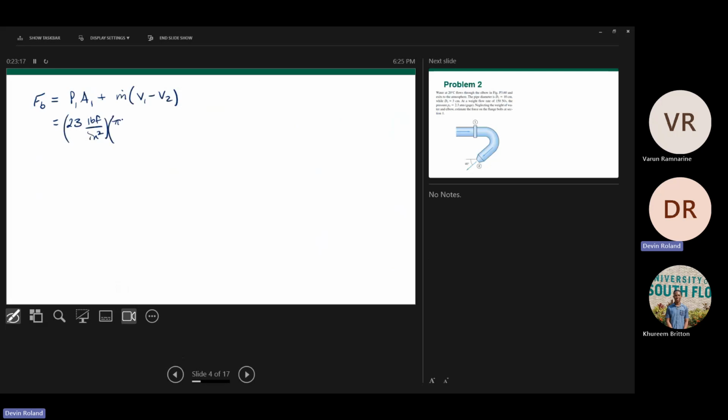A1 is pi times, well, here we have inches, so I'm going to say 12 inches, over 4. The units messed me up when I worked this the first time, so I'm trying to be careful about making sure it's all right this time.